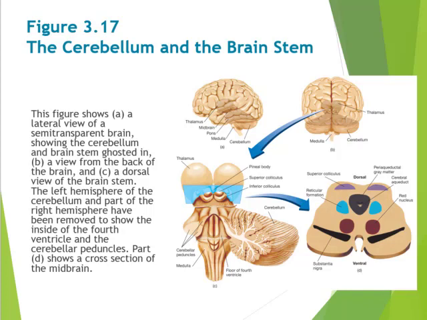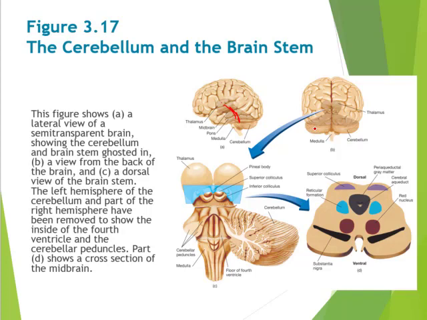So this illustration shows you from various angles the cerebrum, the forebrain, and the important underlying structures of the brain stem. And we can see from the lateral view of the semi-transparent brain. So here's the lateral view, and this is the semi-transparent part.